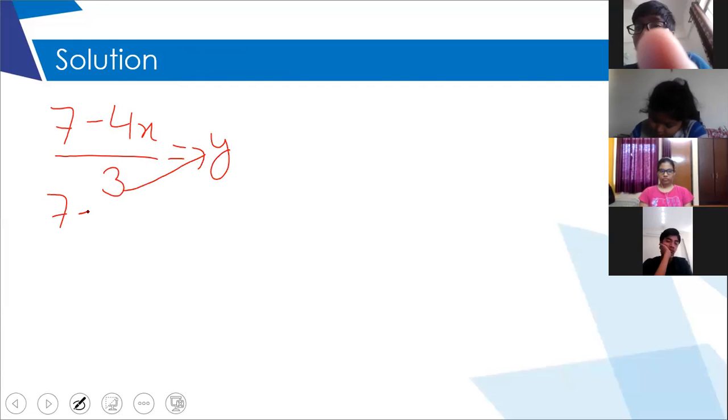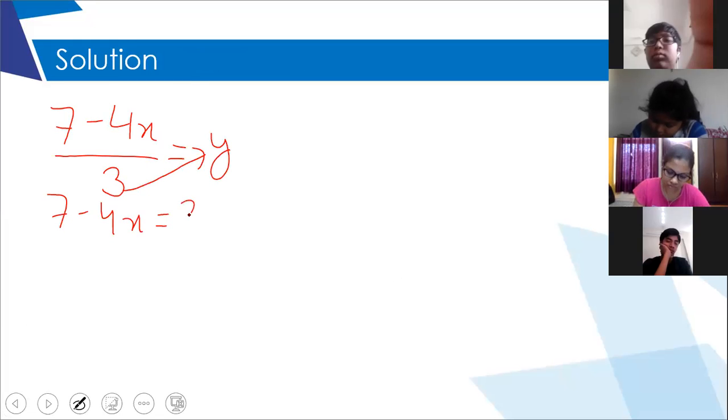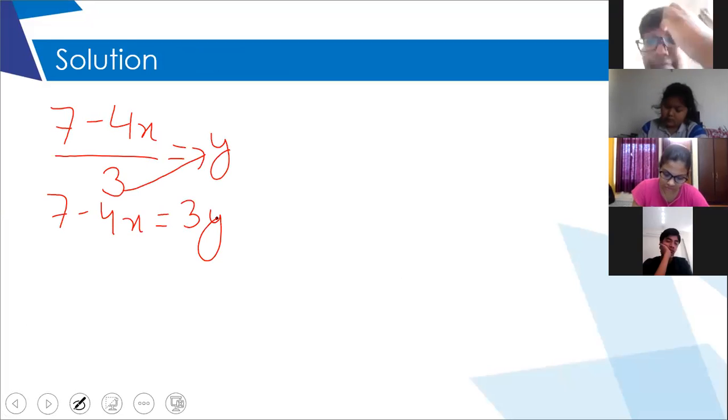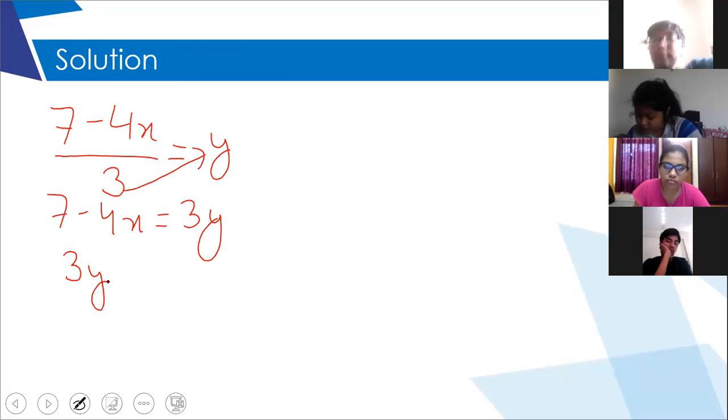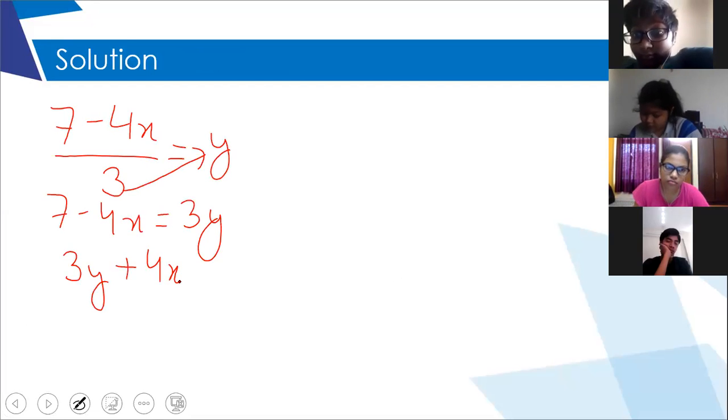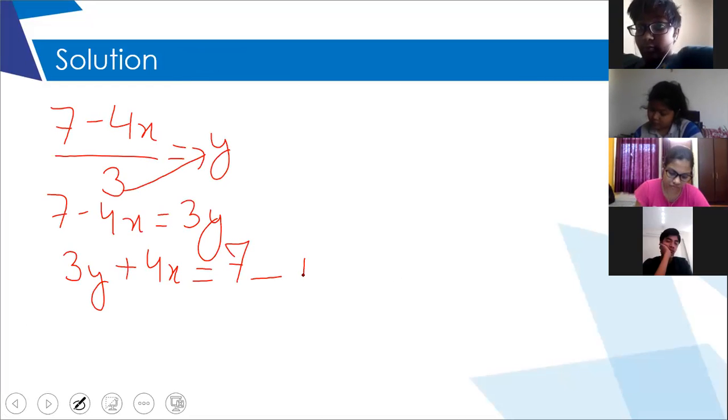So 7 minus 4x is equal to 3y. Get both the terms to the right side. They will change their signs, or just get x to the right side and one side will be 7 only. So this is your equation number 1. You will not change the name of the equation because you have just done a transposition and nothing else.